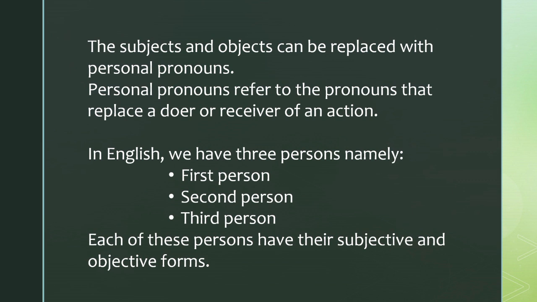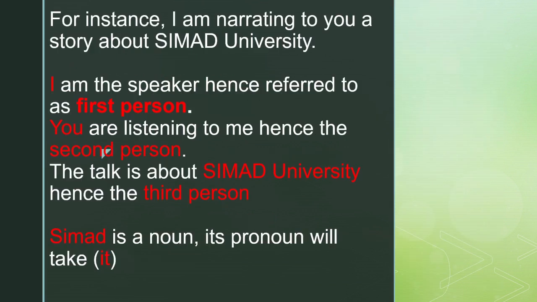So in English, we have 3 persons. And these 3 persons are the first person, the second person, and the third person. Each of these persons has subjective and objective forms. For example, now I am narrating to you, my listener, a story about CIMAD University.